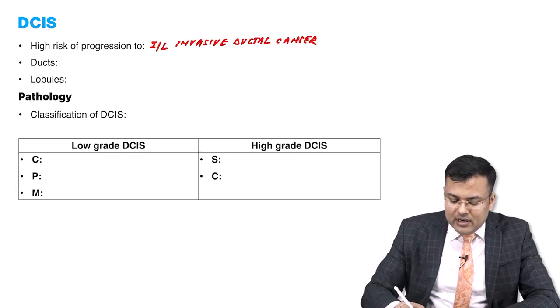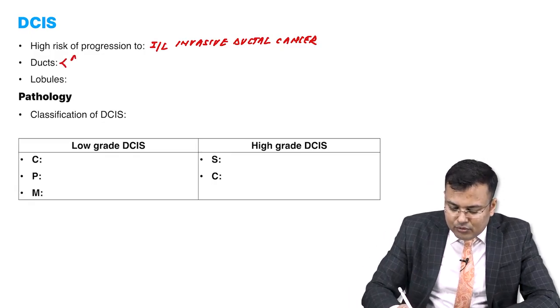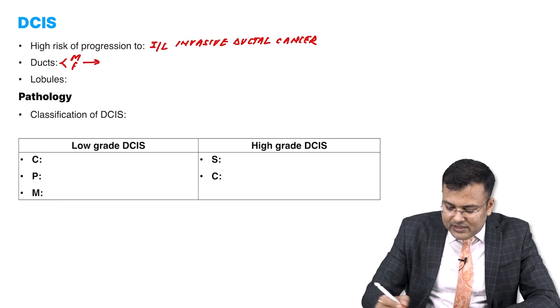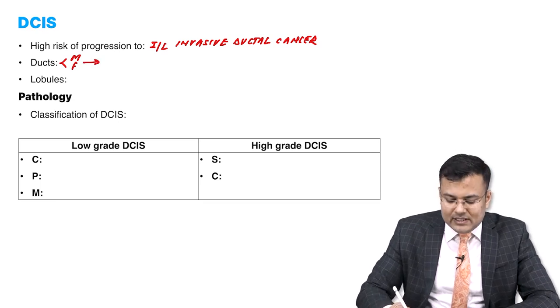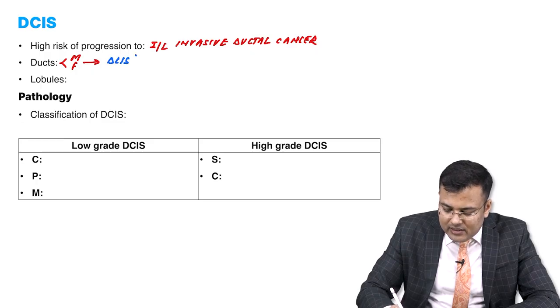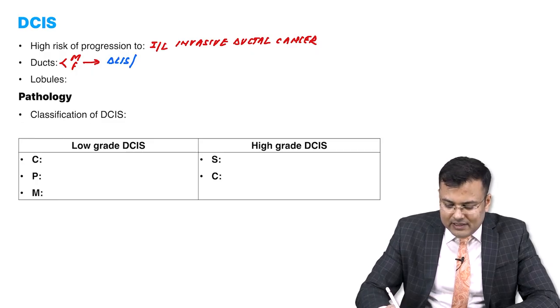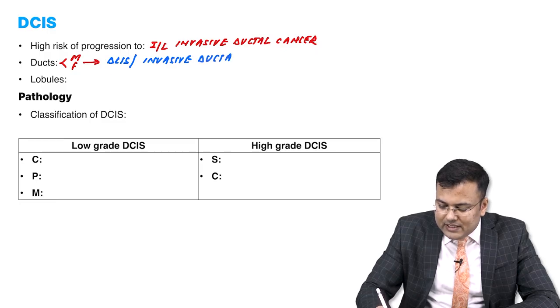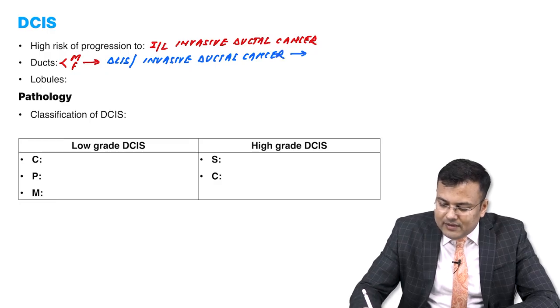So important point, ducts are present in both males and females. Since they are present in both, DCIS, ductal carcinoma in situ, as well as invasive ductal cancer are seen in both males and females.